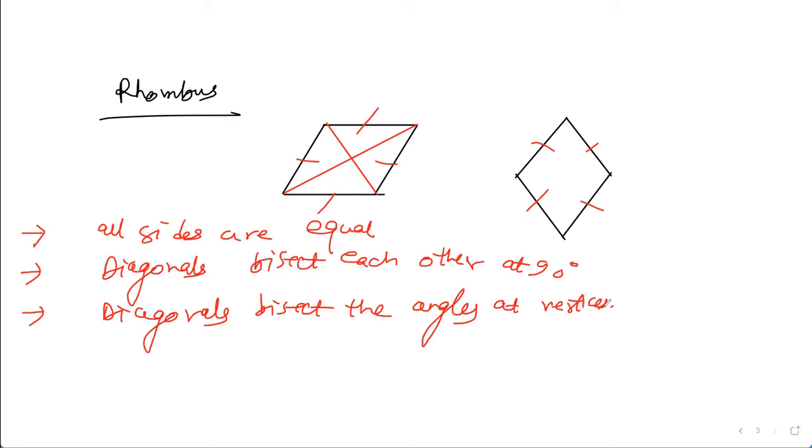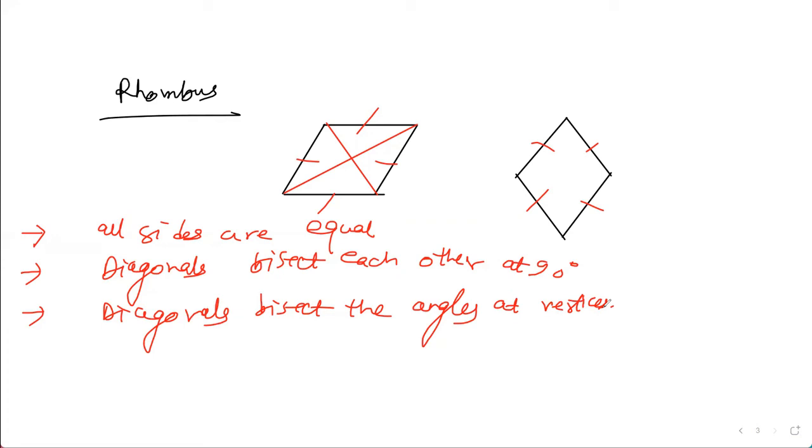But what is the difference in these two cases? In a square, since the angle used to be 90, the diagonals used to divide the vertex angle as 45, 45. But here we can't say that, because obviously the angles are not 90. Whatever is the value of the angles at the vertices, the diagonal will divide it equally, but yes, it's not 45, 45. So that is the difference between this property in square and rhombus.